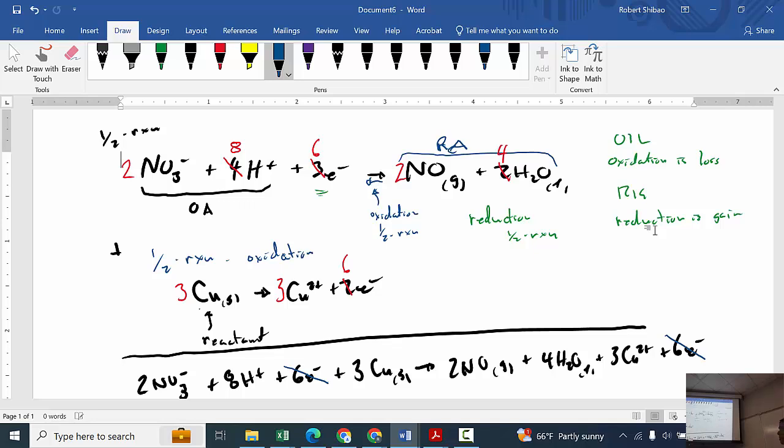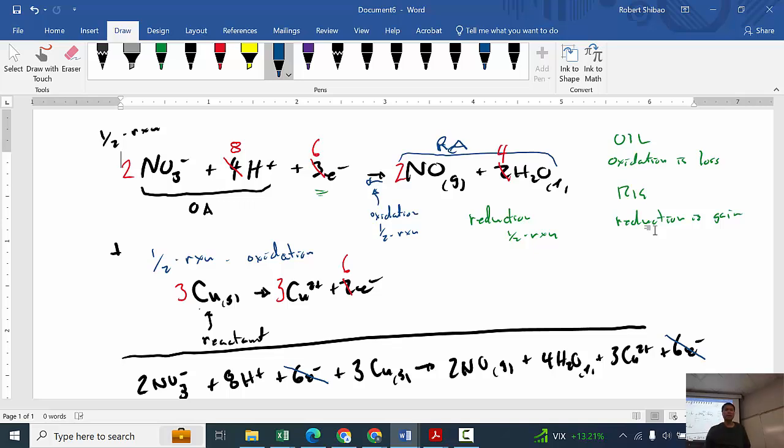So oxidation is loss of electrons. So what did copper do? Copper lost electrons. 3 moles of copper lost 6 moles worth of electrons. So that's the oxidation half reaction. So who oxidized copper? Who oxidized copper is nitrate. Nitrate oxidized the copper.